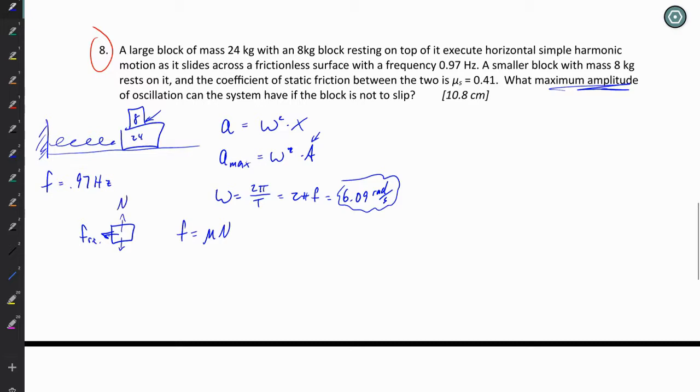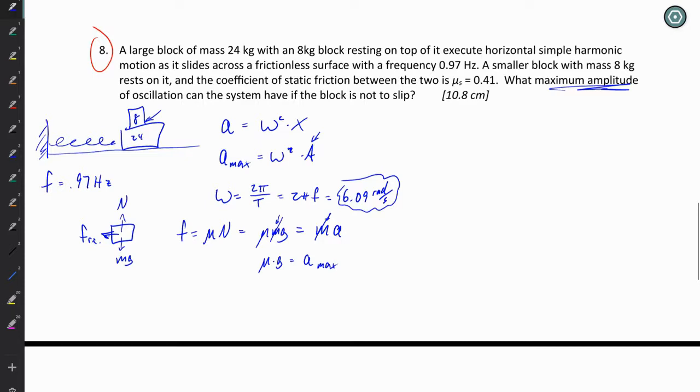It's just the normal force up and mg down. So it works out that friction is going to be equal to mu mg. And that force is responsible for accelerating the 8 kilogram block. All right, well, it's an 8 kilogram block, both sides, so the m's cancel out. So we get mu times g equals the acceleration.